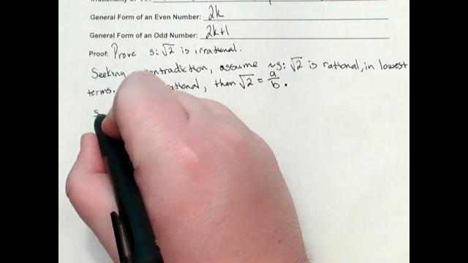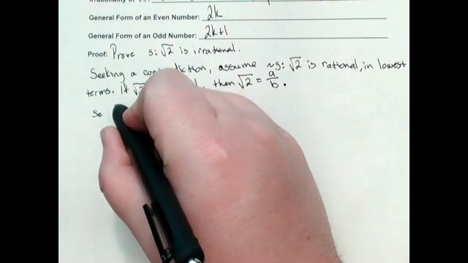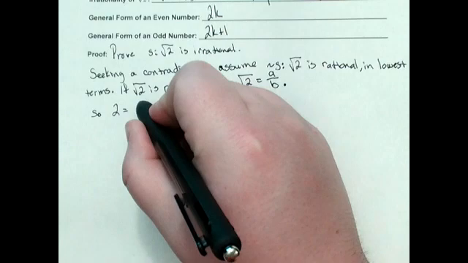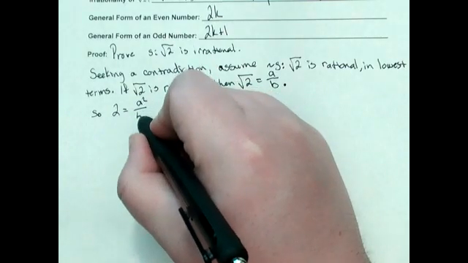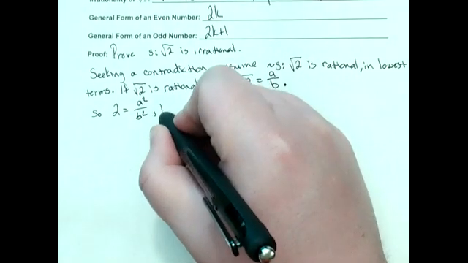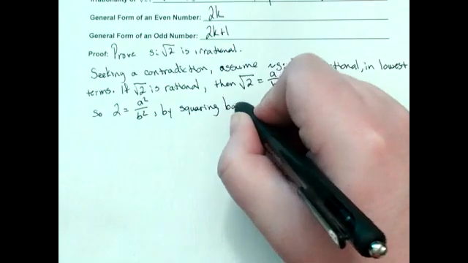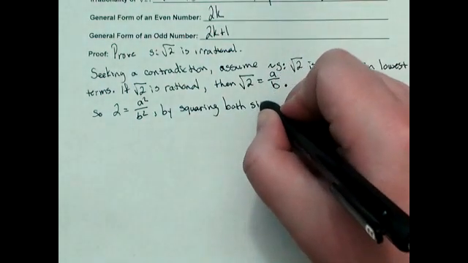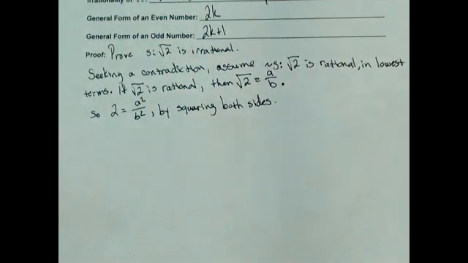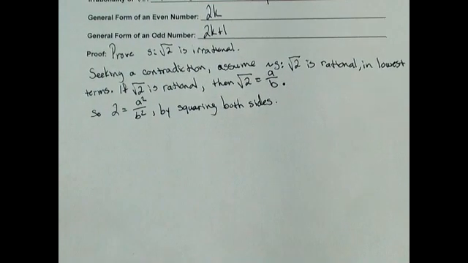So, by squaring both sides, I'm going to get 2 is equal to a squared over b squared. I'm just getting rid of the square roots. And then I don't want any fractions in what I'm trying to prove right now.